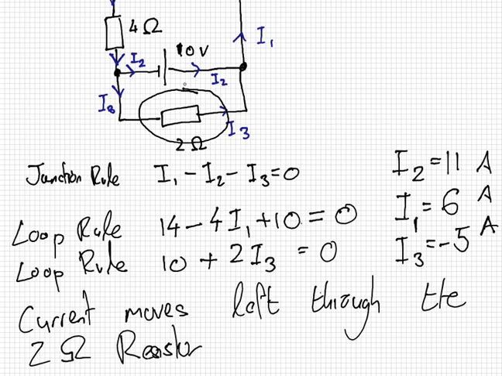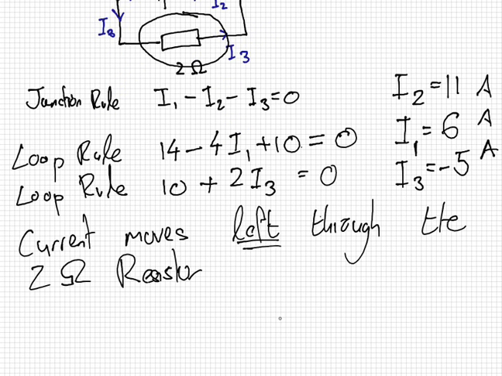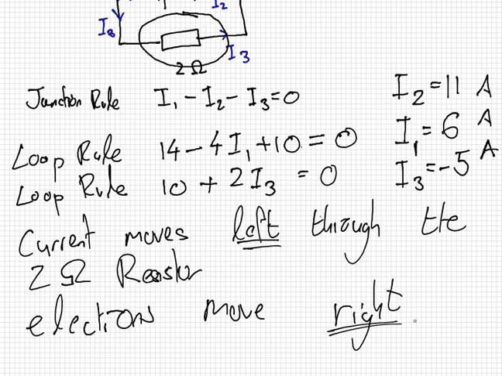A negative I just means you have the arrow pointing the wrong way. That's all. Now, which way does the current move? Left. And who can tell me which way the electrons move? Very good. The electrons move right, because the electrons always move in the opposite direction of the current. Always.